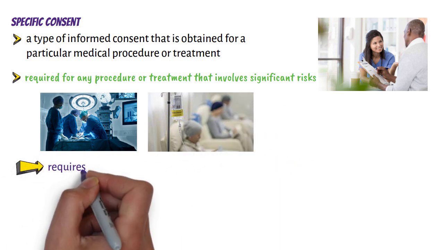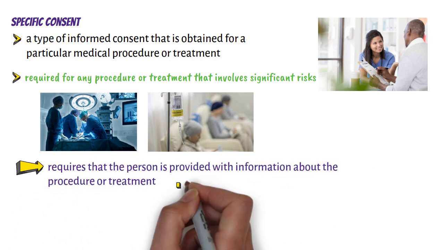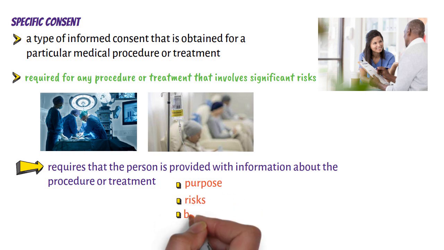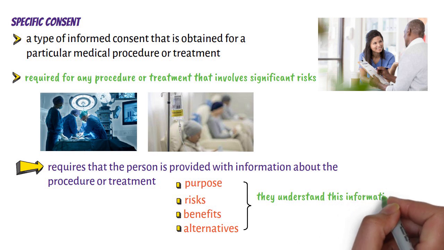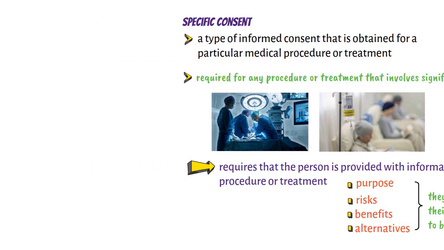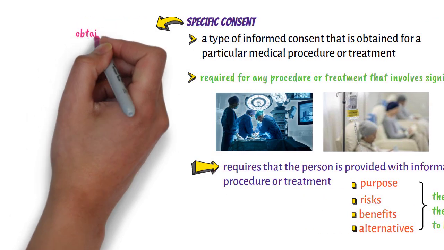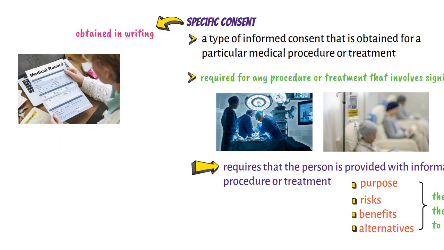Specific consent requires that the person is provided with information about the procedure or treatment, including its purpose, risks, benefits, and alternatives, and that they understand this information and give their explicit permission for the procedure to be performed. Specific consent is usually obtained in writing, and it is documented in the person's medical records.